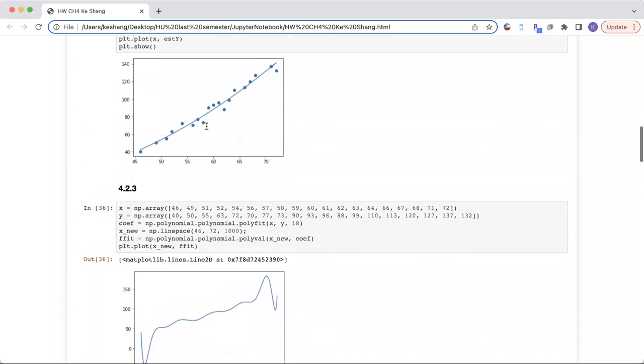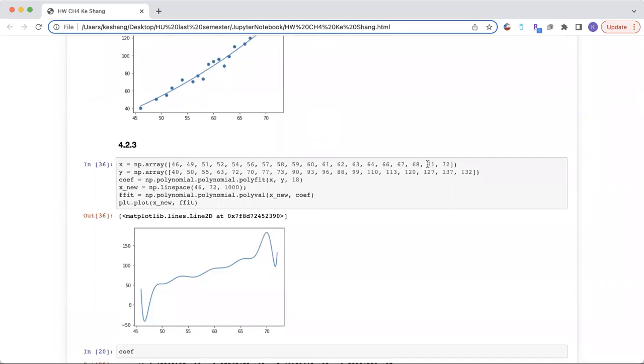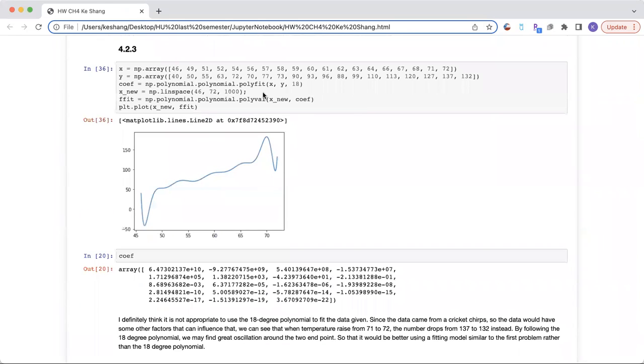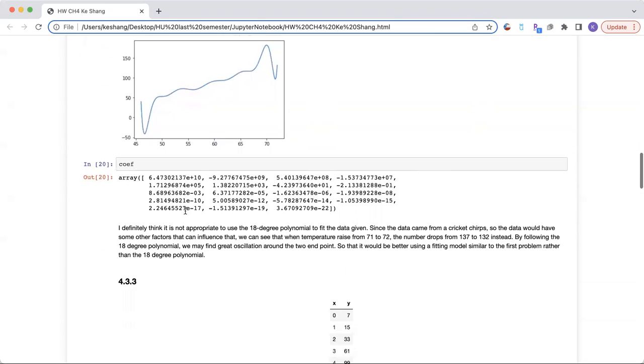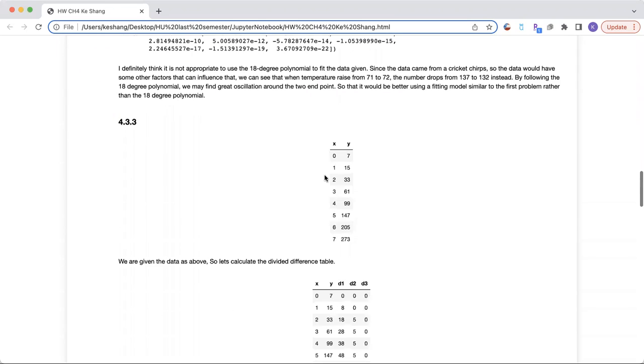As we can see, from temperature 71 to 72 degrees, the number of chirps is actually falling, so it's not very accurate. It has some errors in the data, which can affect our graph a lot, especially at the two endpoints. So I think it's not a very good idea to use a high-degree polynomial in our case.